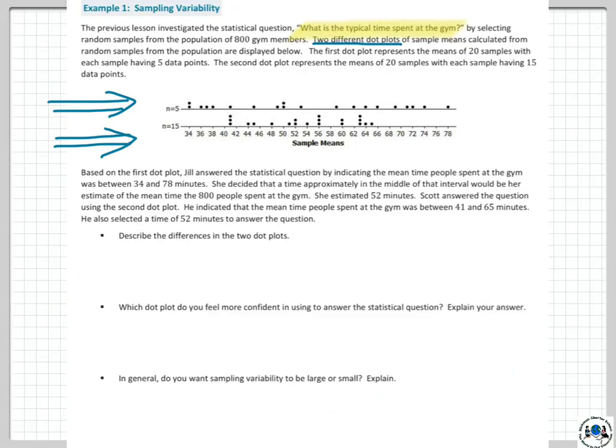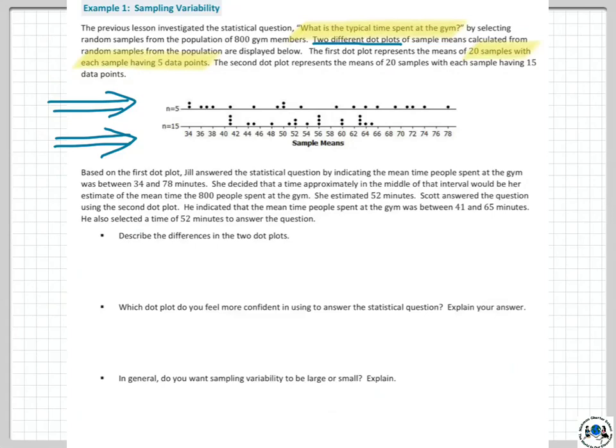Now the first dot plot, that top one, represents the means of 20 samples with each sample having 5 data points. It's probably worth taking a little time to talk about what that exactly means, because that is probably the most confusing part of this entire lesson.